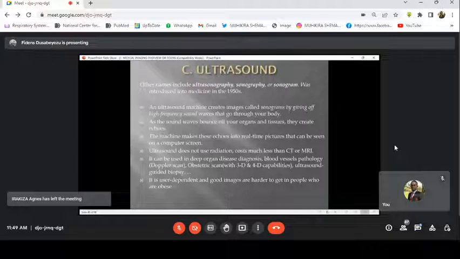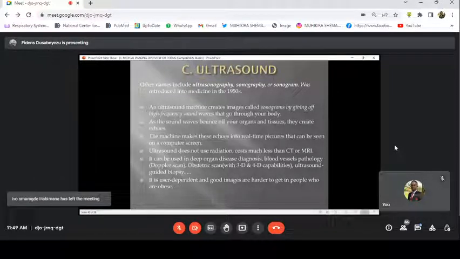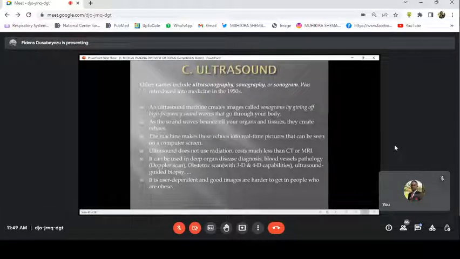It can also be used for deep organs, like blood vessels, pathology, Doppler scan, obstetric scan with 3D or 4D capabilities, and ultrasound-guided biopsy, to orient you to take tissue from deep organs like the liver in the abdomen. You can use ultrasound to know where to take that biopsy.